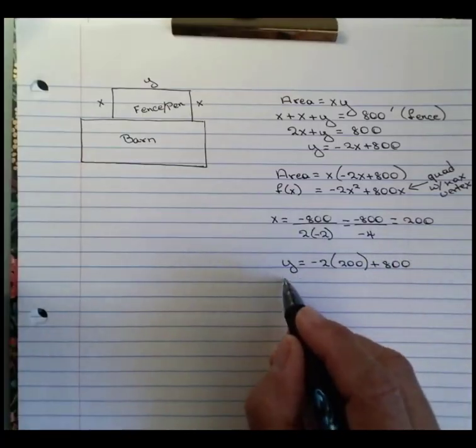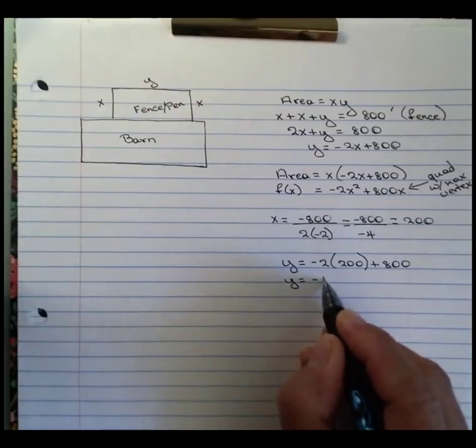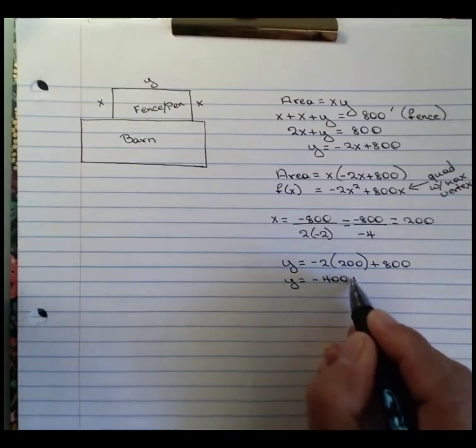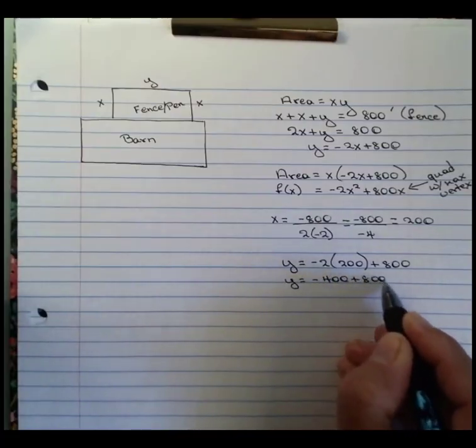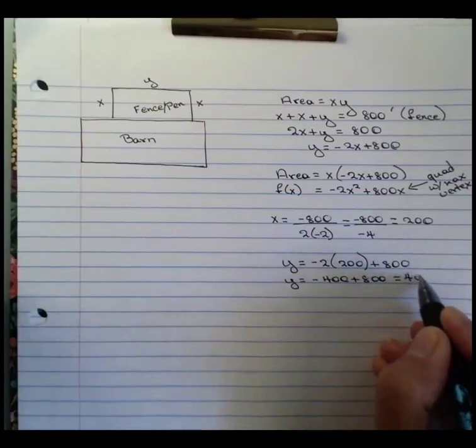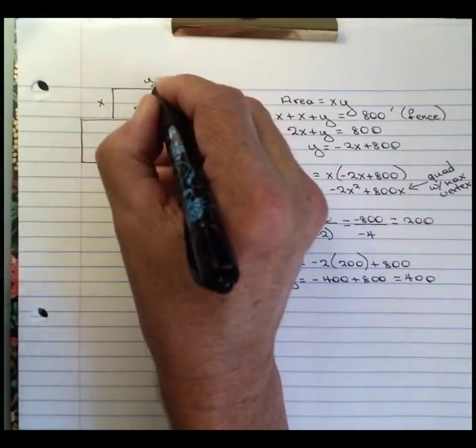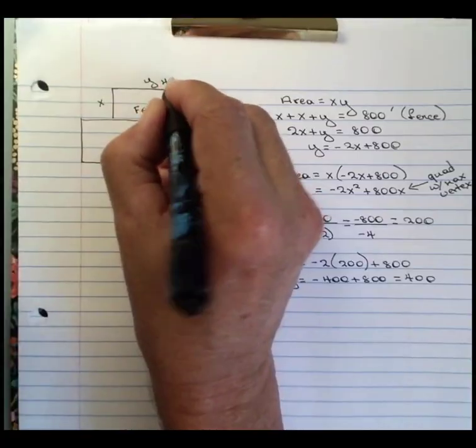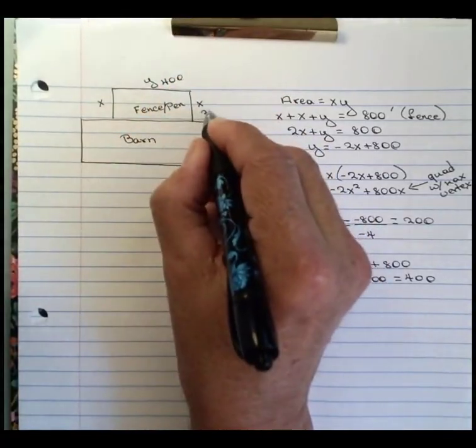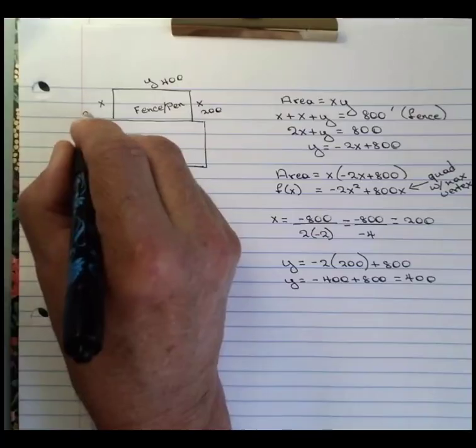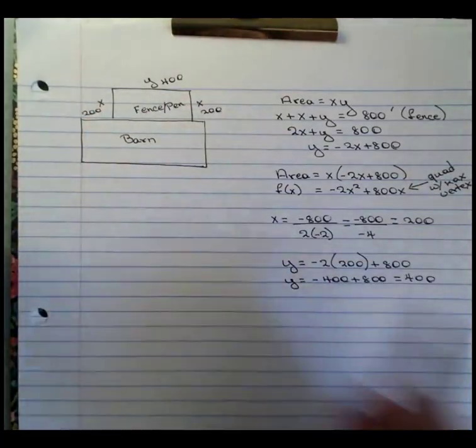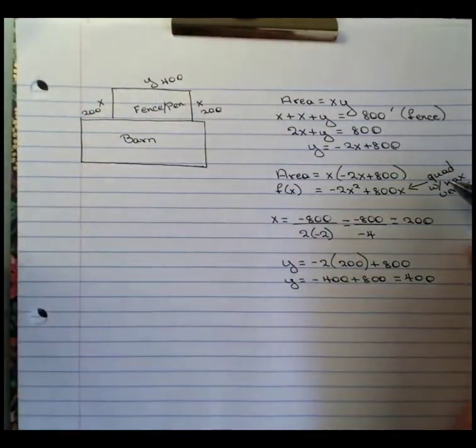And that's going to give me a y value of negative 400 plus 800, which is going to equal 400. So this side of the fence is going to be 400 feet. This is going to be 200, and this one will be 200 again, and that will maximize the area of the pen. I know because I found it at the vertex of a quadratic that had a maximum vertex.